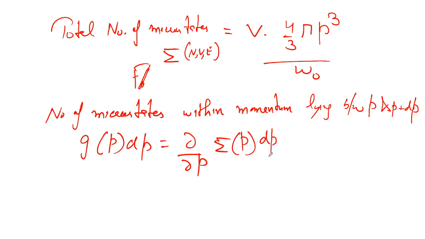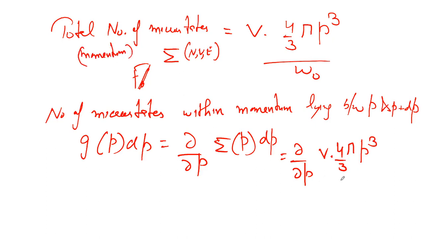And when we solve this equation, this comes out to be curly d over curly dP of 4 by 3 pi P cube, the total number of microstates in terms of momentum, over omega naught, that is h cube for one particle having 3 degrees of freedom, into dp.